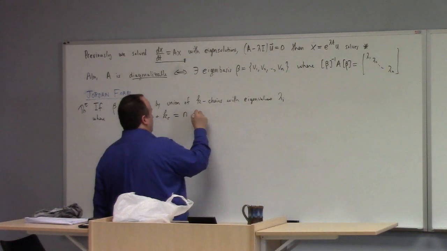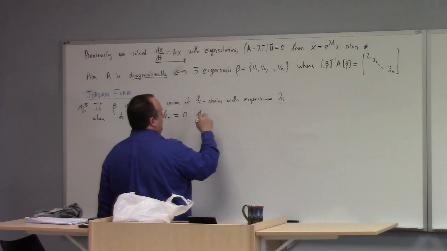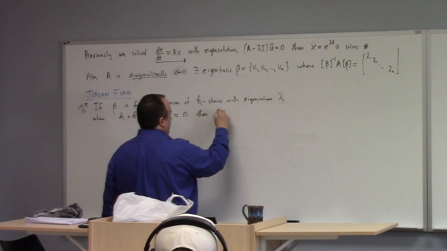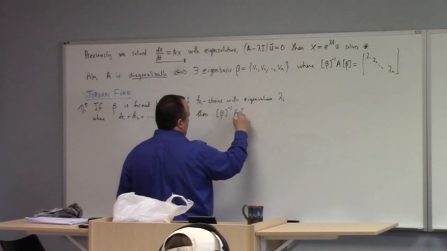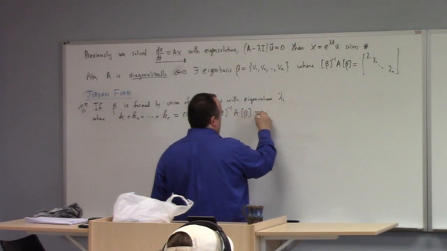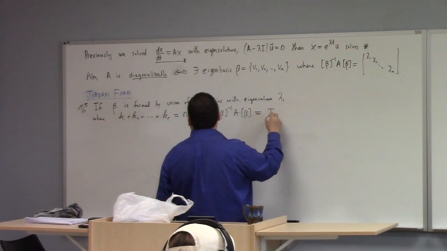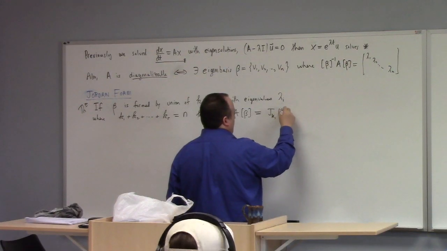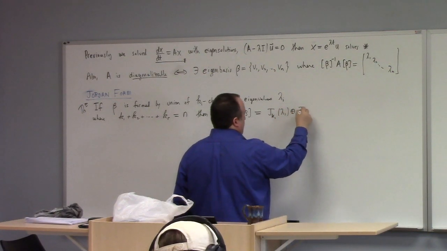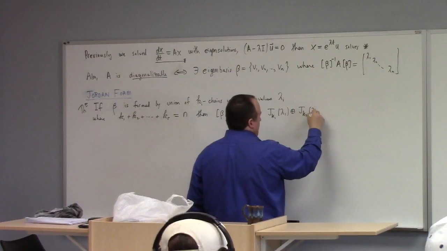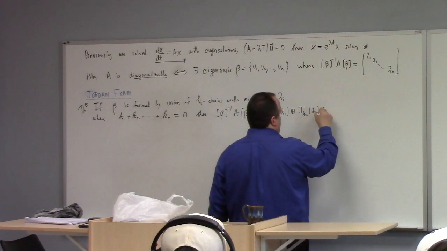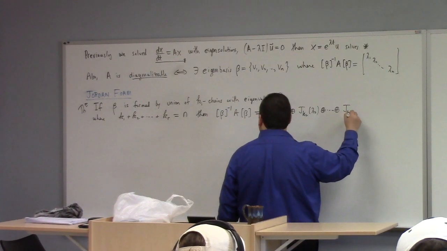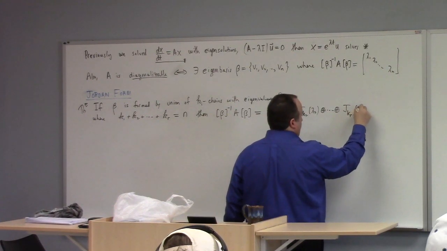Then beta inverse A beta is equal to J sub K1 of lambda 1 direct sum J sub K2 of lambda 2 direct sum and so on, direct sum J sub K r of lambda r.